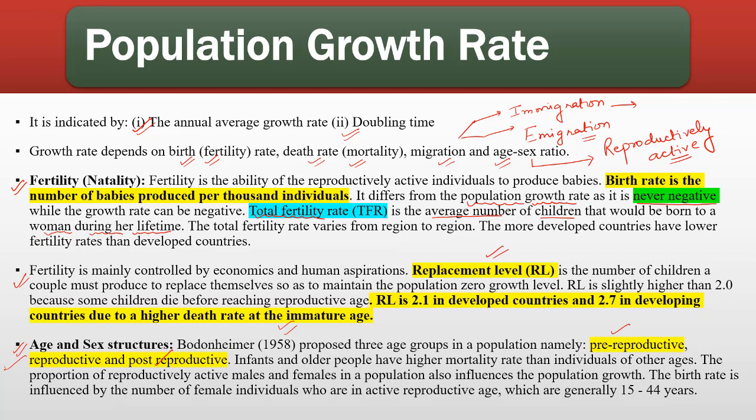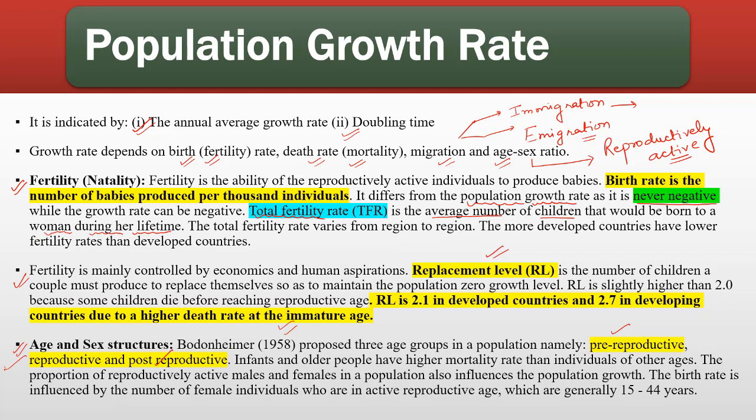Infants and older people have higher mortality rate than individuals of other ages. That's very true. In older people, the immune system is degraded. In infants, the immune system is underdeveloped. So they have higher mortality rate than individuals of other ages.